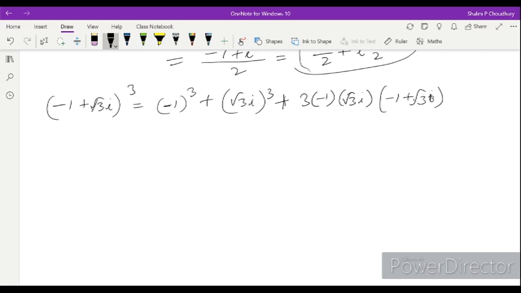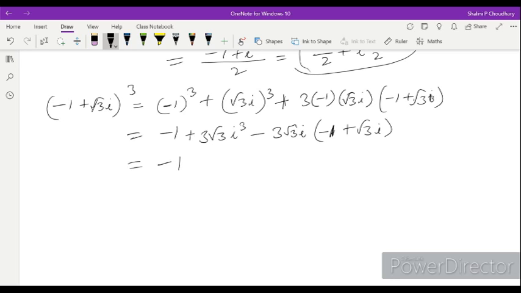So it will be minus 1, and this will be root 3 cube and i cube, and i root 3 will be equal to minus i.